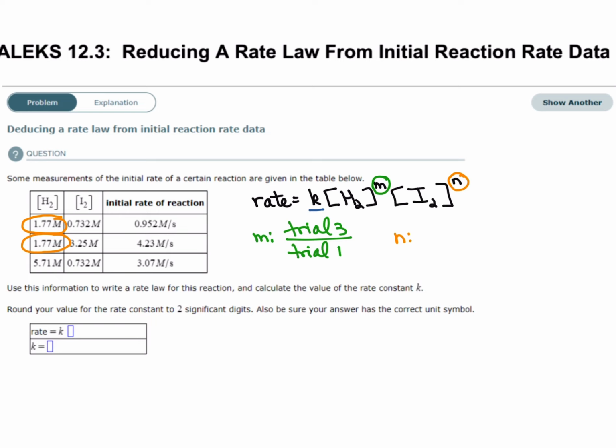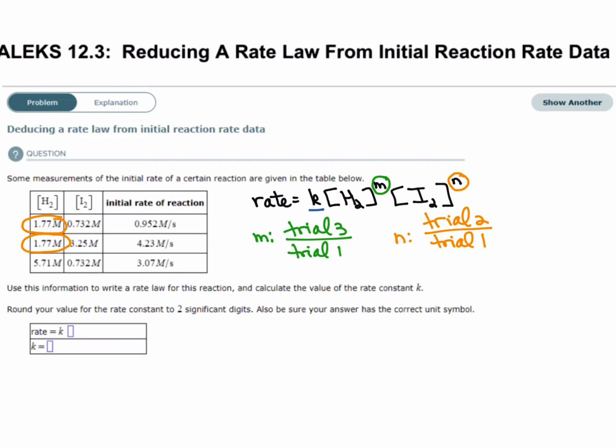So I want to divide the rates of trial 1 and trial 2, but I want to put on the numerator the one that has the larger rate. So I'm going to be dividing trial 2 by trial 1. Once we figure out the m and the n, we can go ahead and solve for k. So let's get started on this one.